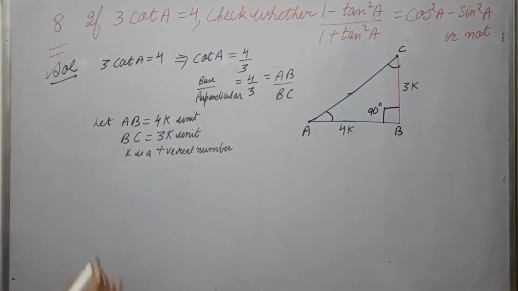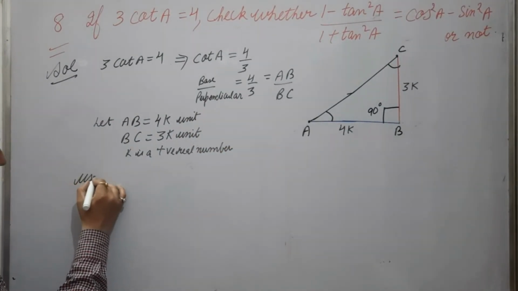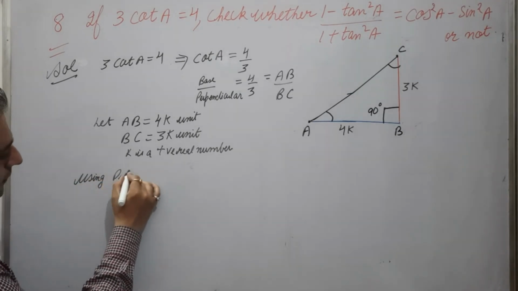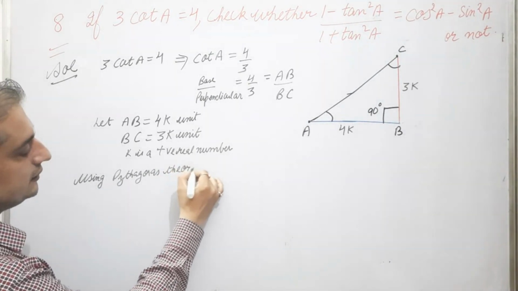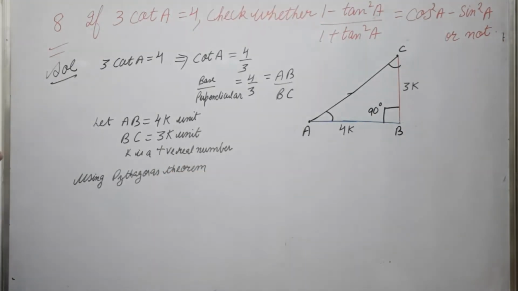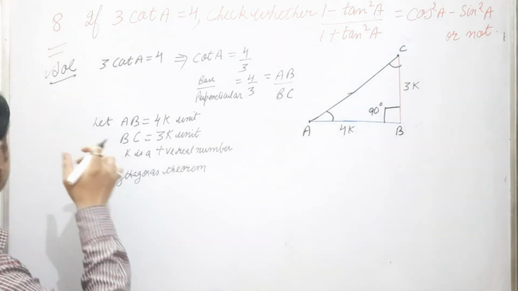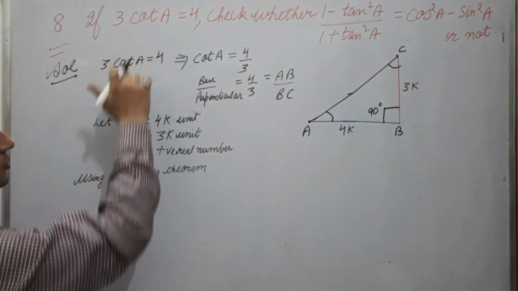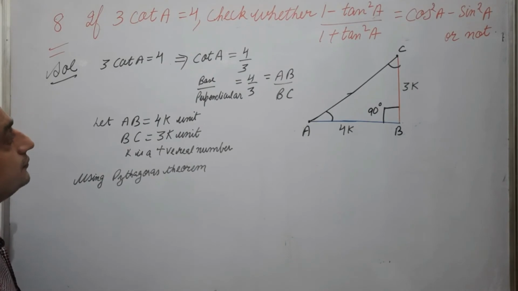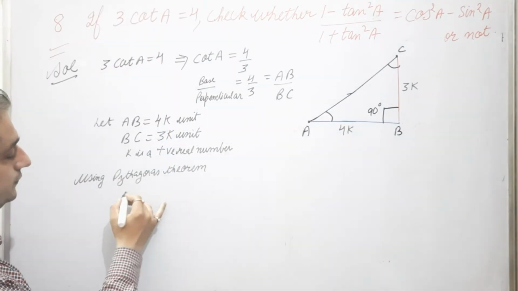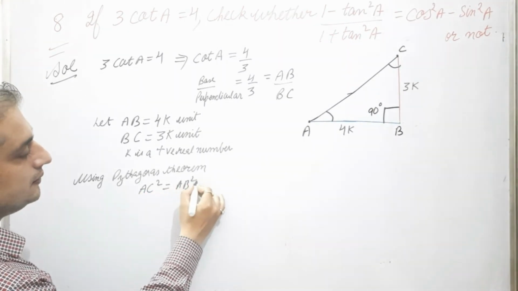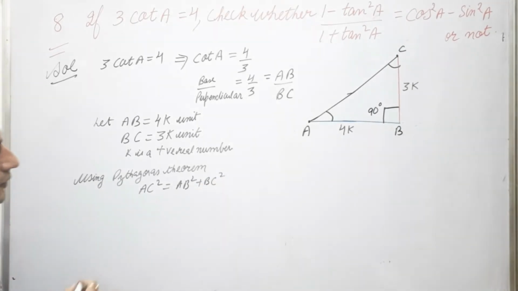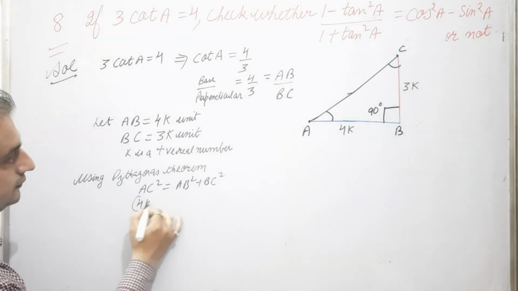So using Pythagoras theorem, find the third side, the longest side, hypotenuse, because base and perpendicular are defined in the t ratio cot A. So Pythagoras: AC square, the longest side, is AB square plus BC square.